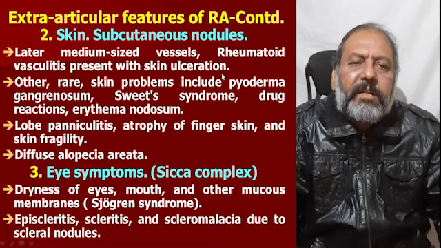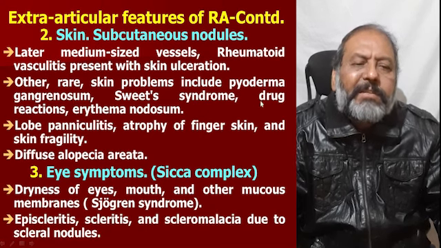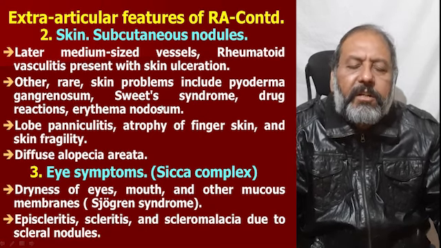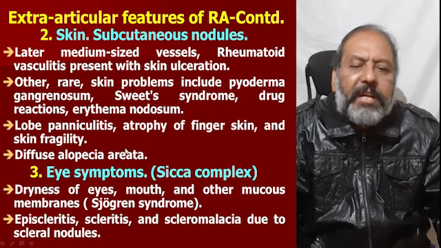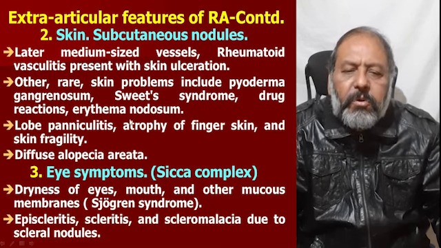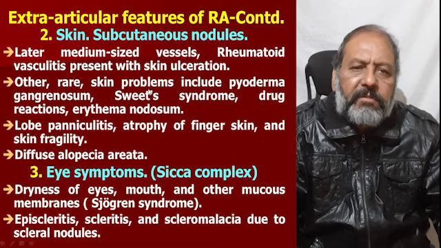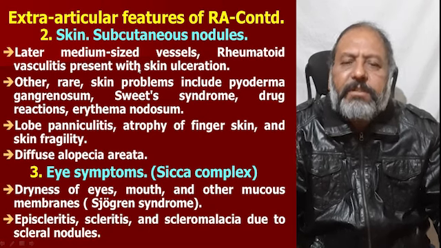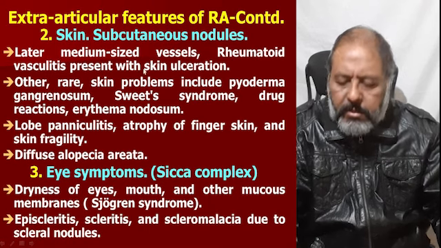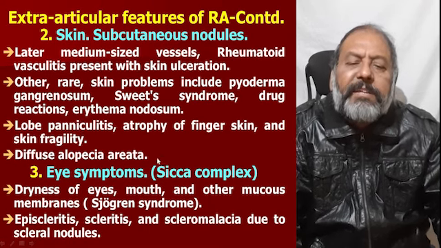Other rare skin problems include pyoderma gangrenosum, Sweet syndrome, drug reaction, erythema nodosum, lobular panniculitis, atrophy of the finger skin, and skin fragility, and diffuse alopecia areata is also a manifestation seen when the skin is involved in case of rheumatoid arthritis. And the third involvement is eye symptoms.